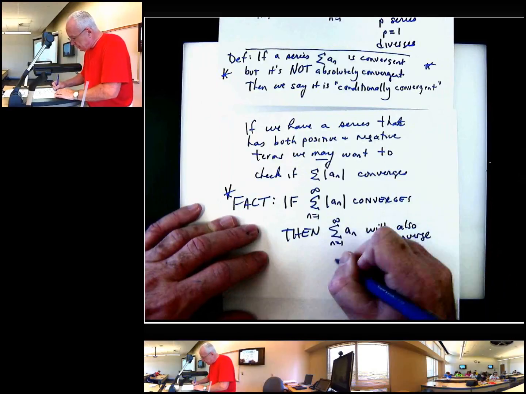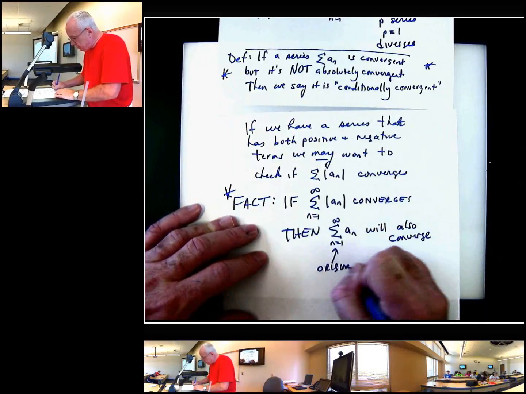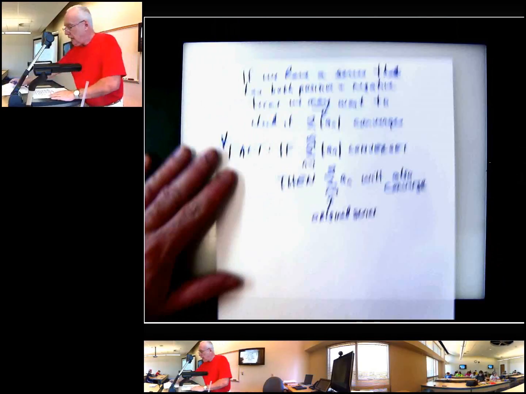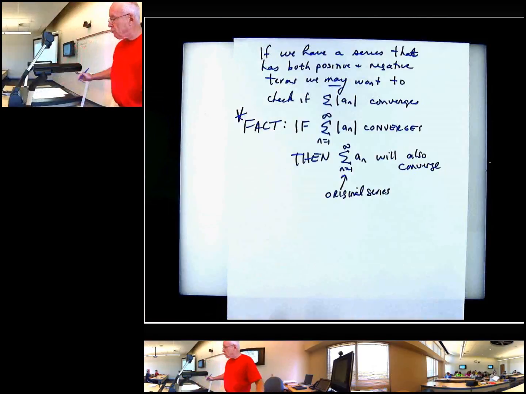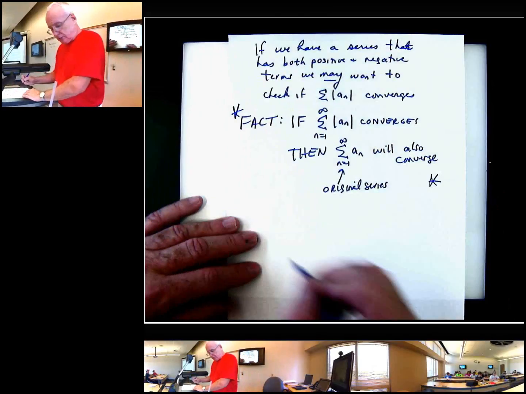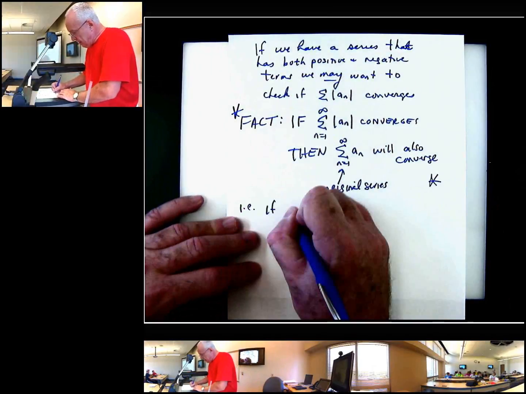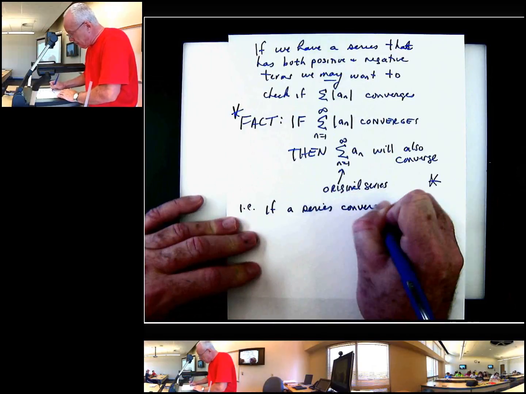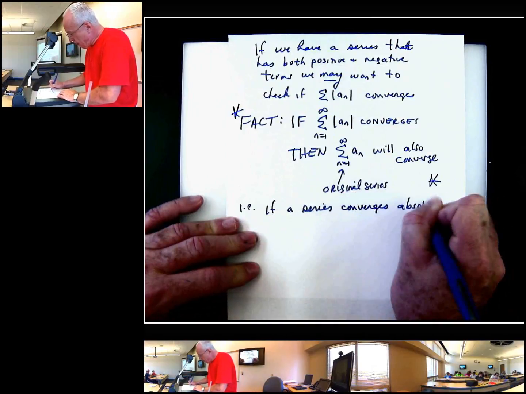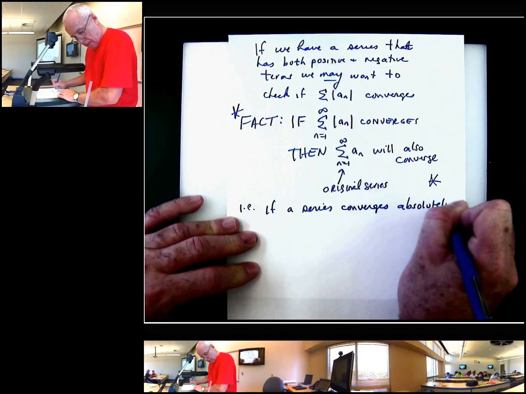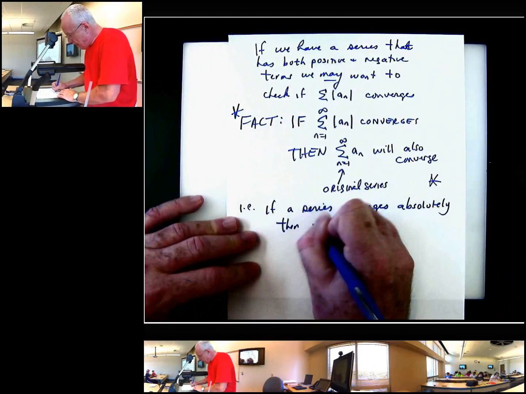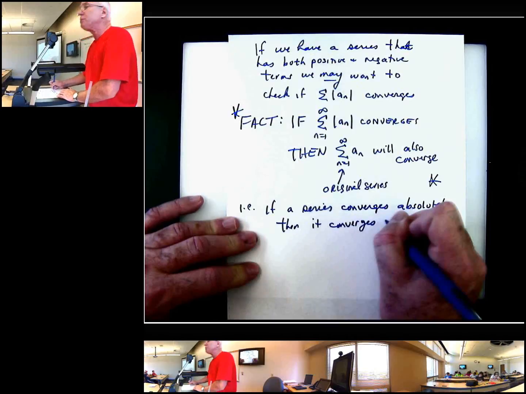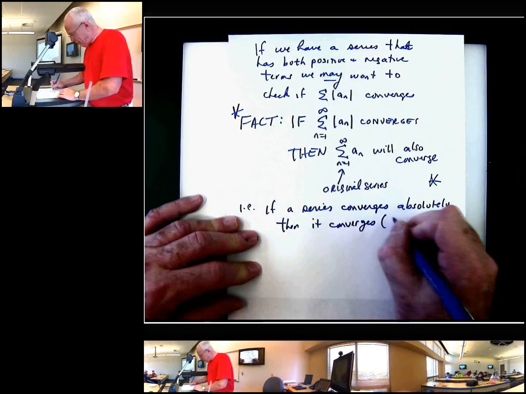Let's call this the original series. Another way to phrase what I just wrote for this fact is this: if a series converges absolutely, then it converges, in parentheses, the usual way.